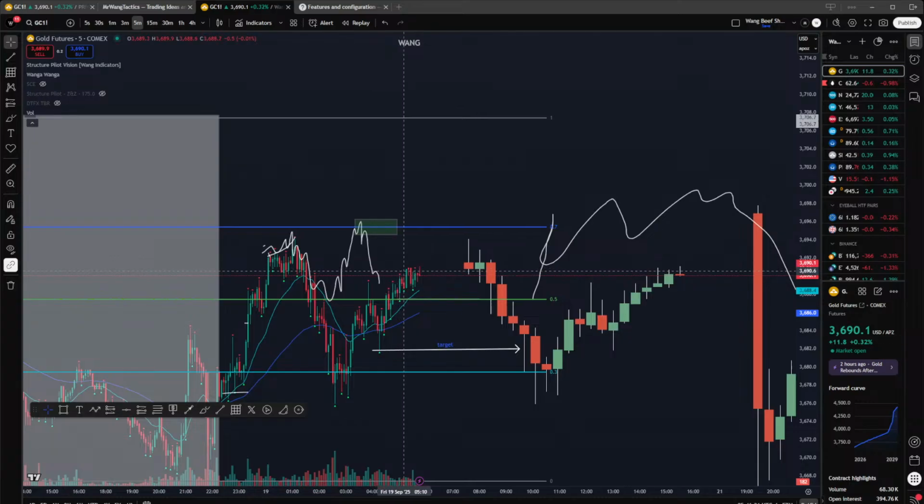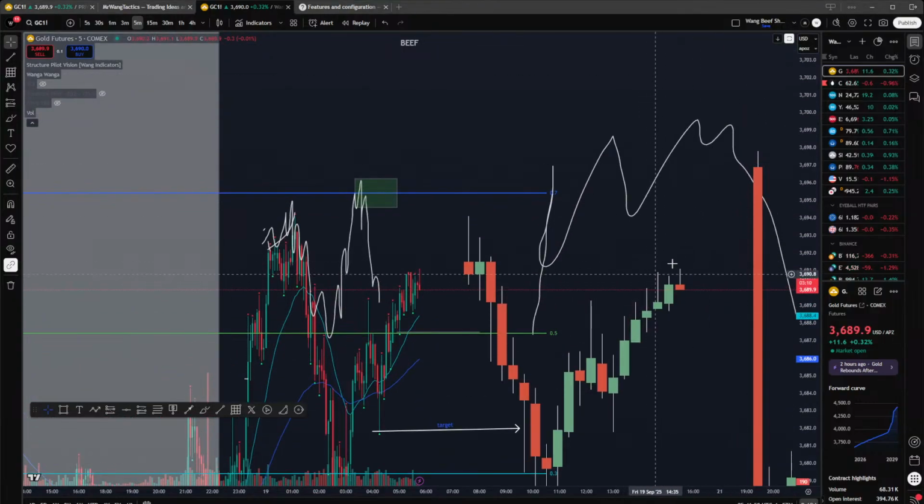Alright, this is nice. This is a sweep. So we made an inside bar, we sweep that high.